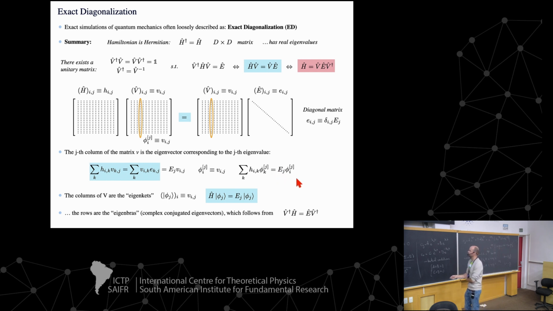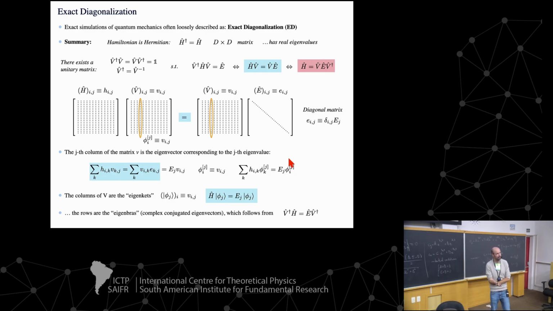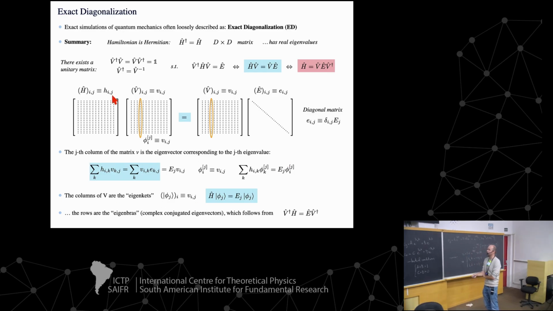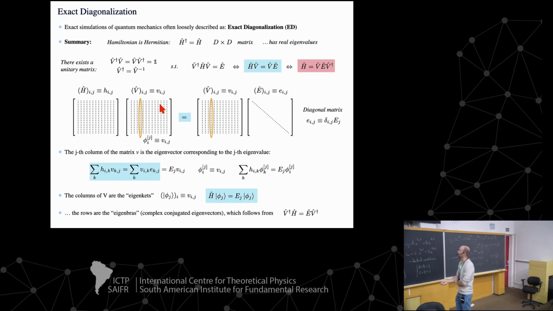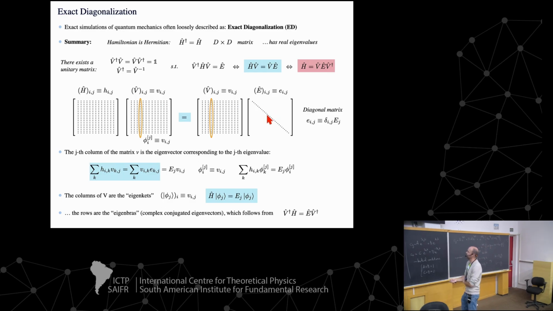So this is more the form. If I define this really as the eigenket, the column here, then I know that my Hamiltonian applied to this vector is just the eigenenergy times the vector. So all I want to show is that you see from this equation that all the columns of this matrix V that you get are really all the eigenvectors of your system. And the diagonal matrix here has the real-valued eigenvalues in it.